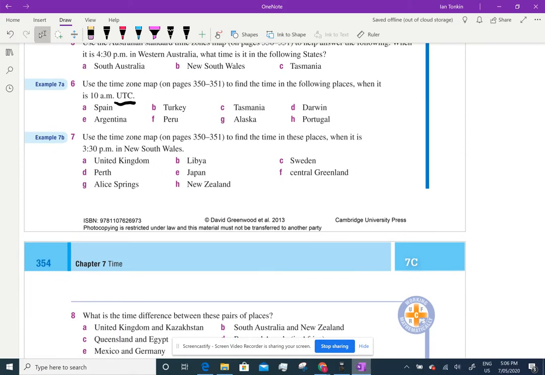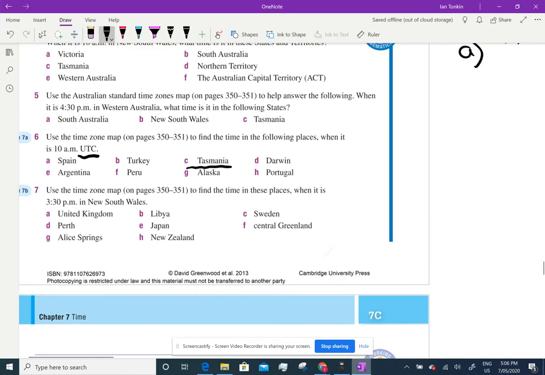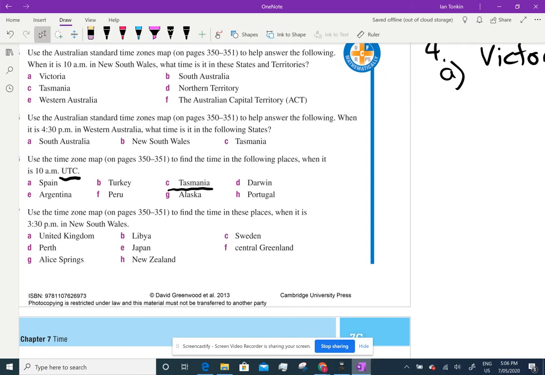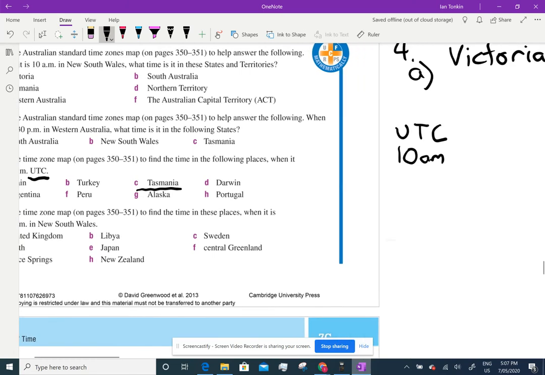So it's 10 a.m. in England. Well, let's just go and check out what it's going to be somewhere in Australia. So let's go Tasmania because they're the same as us. It's 10 a.m. and how many hours in front are we? We're 10 hours in front. So it's 10 a.m. Coordinated Universal Time, or in Greenwich in England.